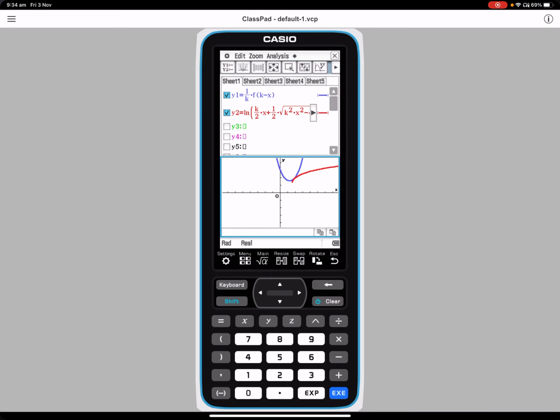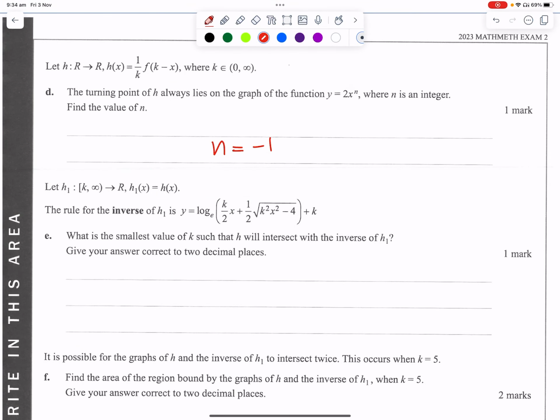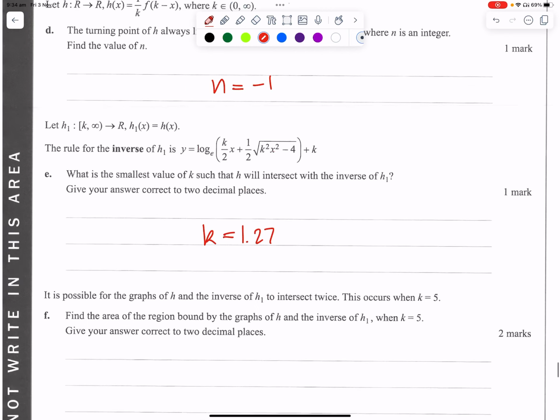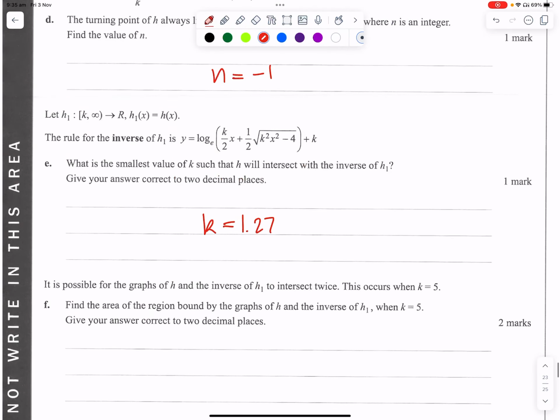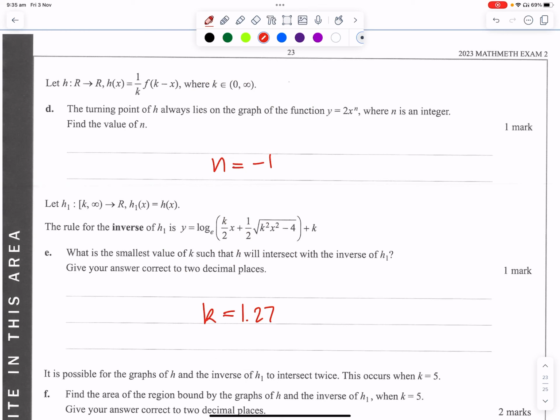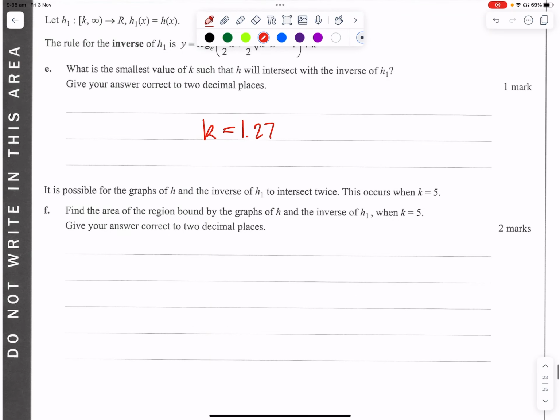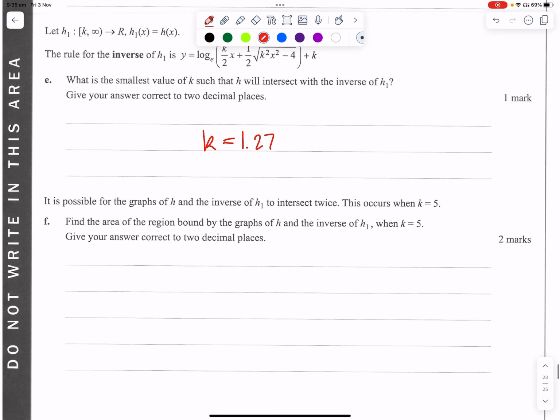They don't intersect. So k is equal to 1.27. You could let the derivatives equal 1 and also let the equations be equal and then solve to see what value that gives. But I don't even know if the calculator would solve that. Is it possible for the graph h1 to intersect twice? It is possible.